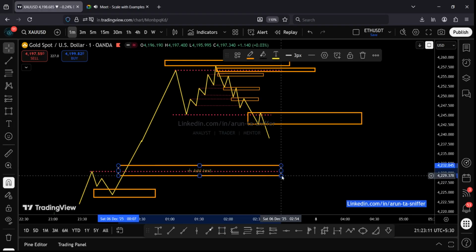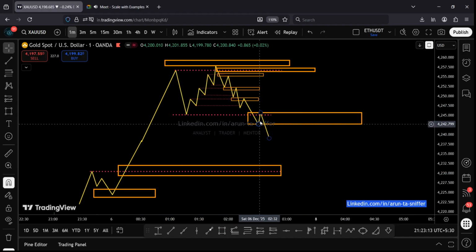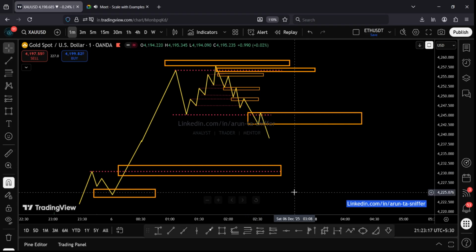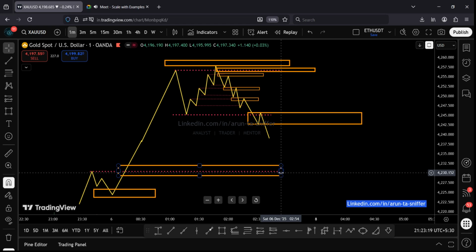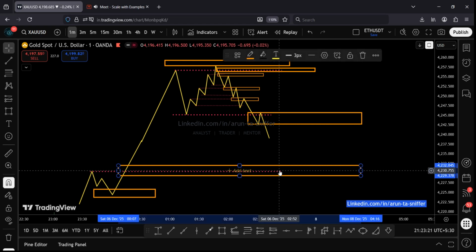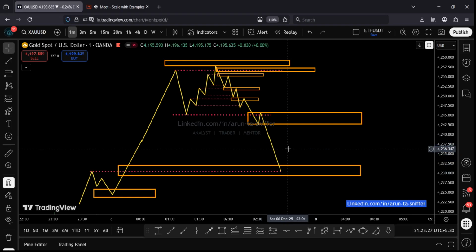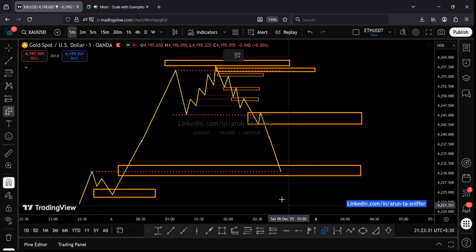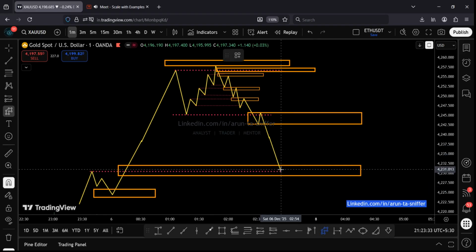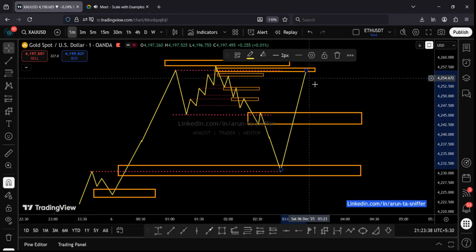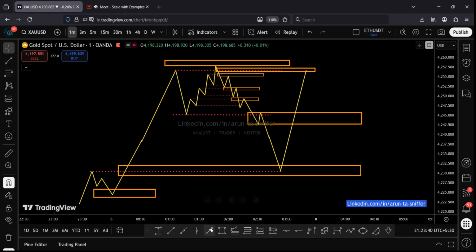So if price is coming from RSFL, what will happen? Price will come to this RSFL, and then it is possible the price will go back to this QM level, and what will happen then?